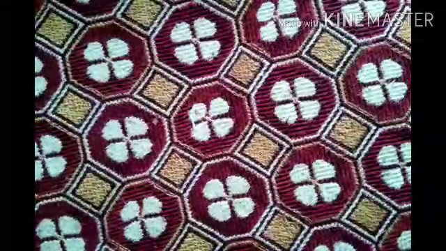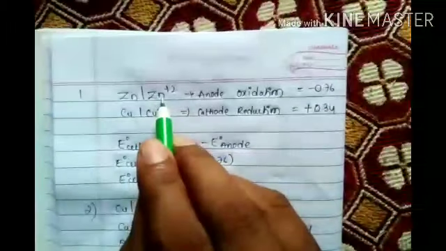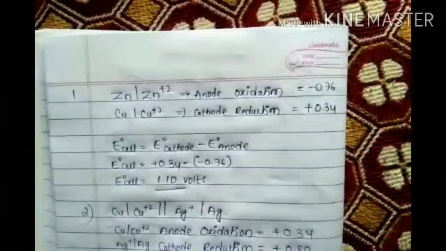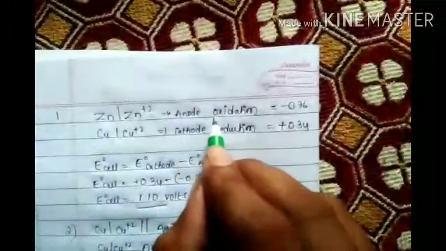Got it? Pause the video. Do it, then look after. Look here. Zn2+ is at the anode. How are we saying anode? In the start of the chapter we discussed this. Zinc we take at the anode place, so at the anode oxidation is going on.